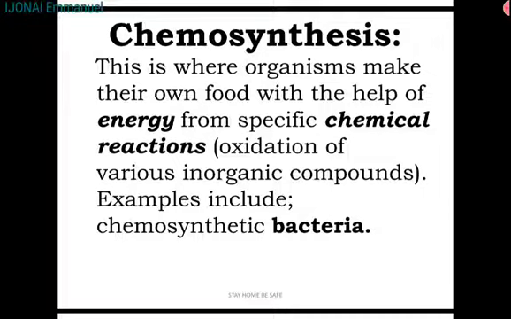During oxidation of these compounds, chemical energy is produced, and these organisms use that chemical energy for making their own food. These organisms include the chemosynthetic bacteria. So these are the members that carry out chemosynthesis. So we have two forms of autotrophic nutrition: photosynthesis and chemosynthesis.